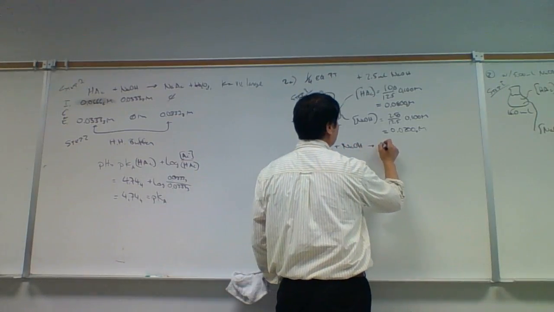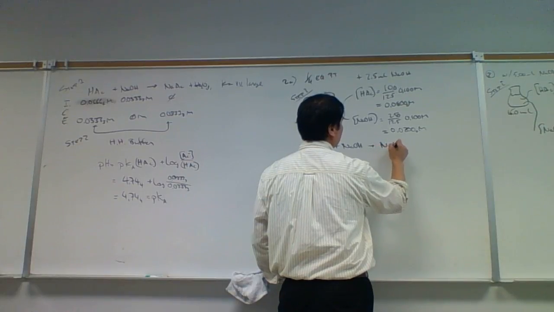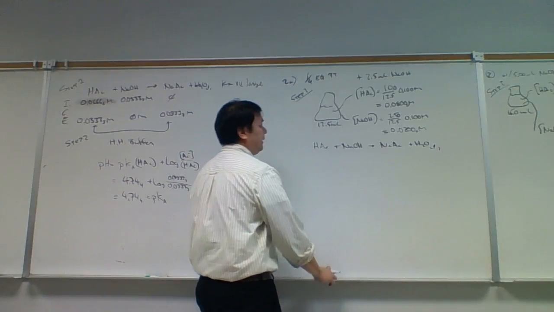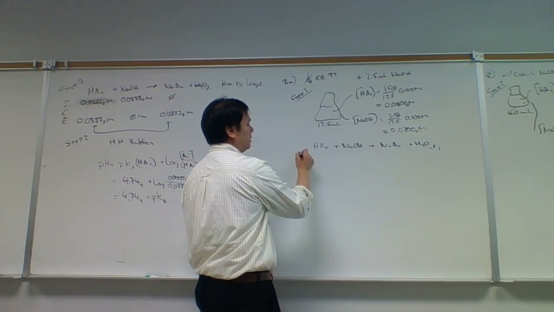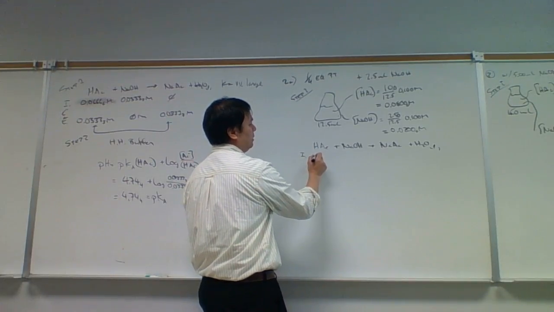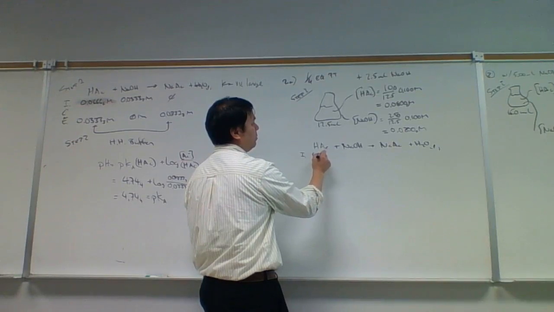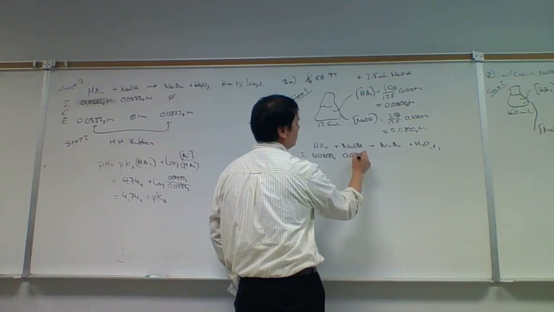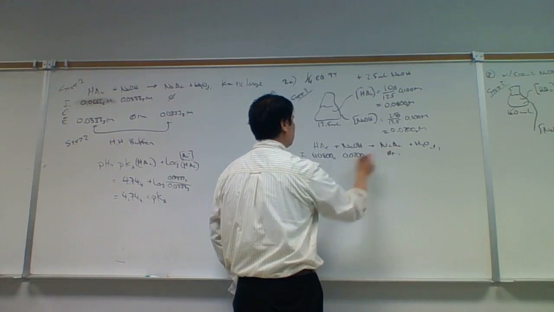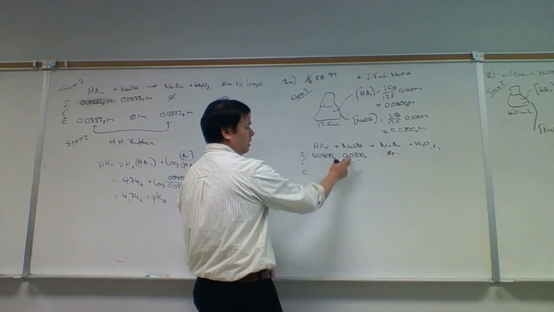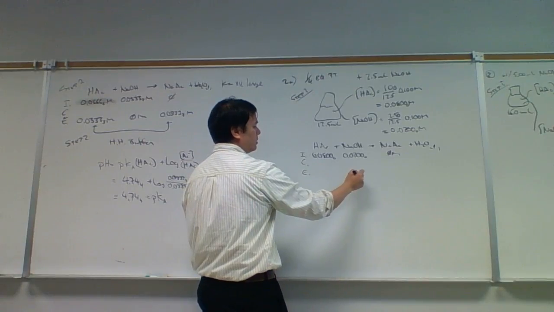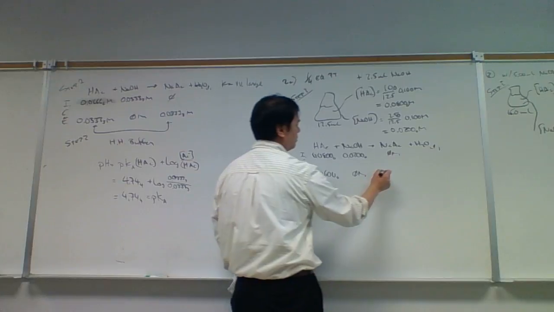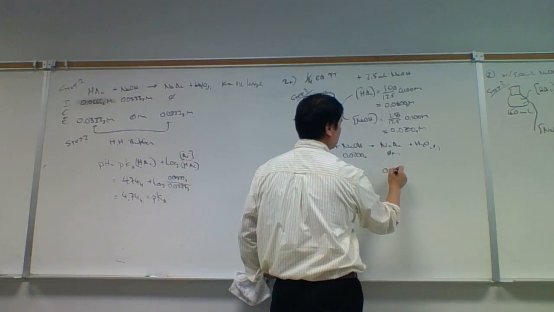This is going to give us sodium acetate and water. Okay, then we do this. The HAc is going to be 0.0800, the sodium hydroxide is 0.0200, and sodium acetate is 0. We change: limiting reagent sodium hydroxide is going to go down to 0. This is going to go to 0.0600. This should go to 0.0200.